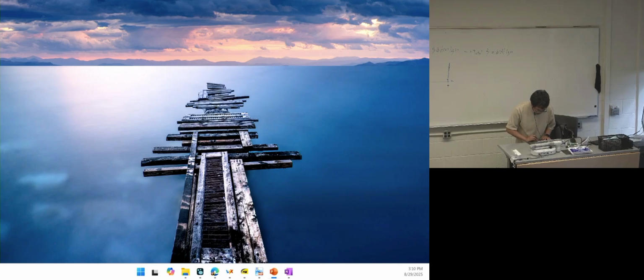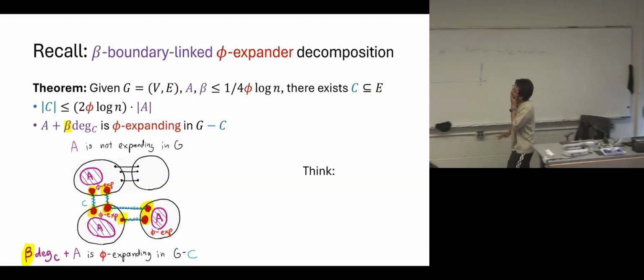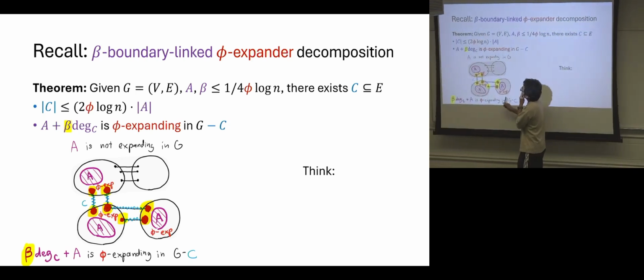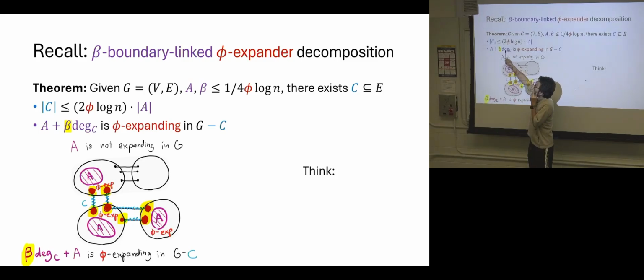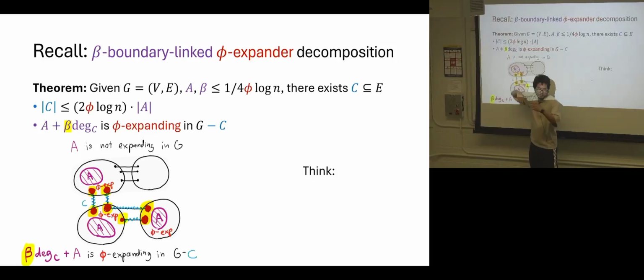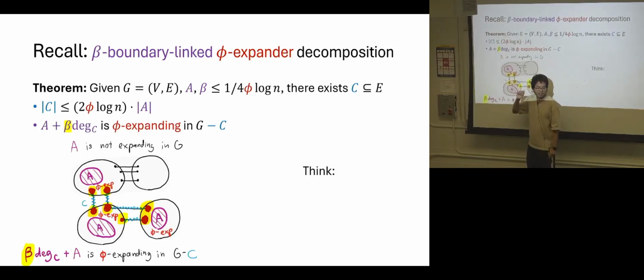And now, actually what we can prove is this version. You can think of it as not just needing a new A plus degree C. You can say that this is some beta, and think of beta as something more than 1.